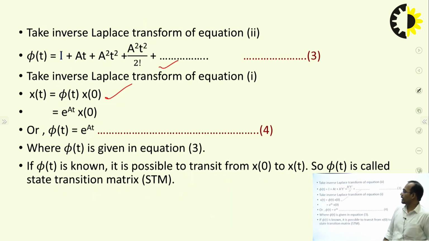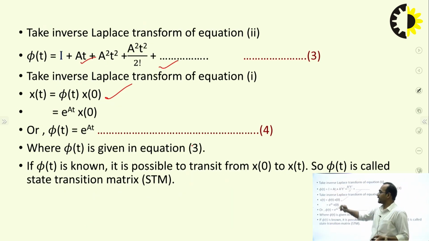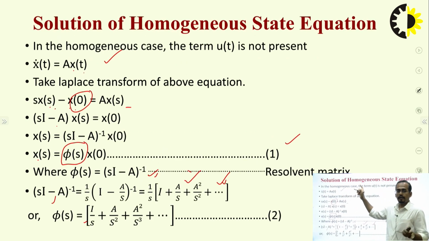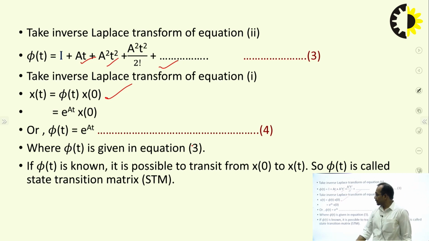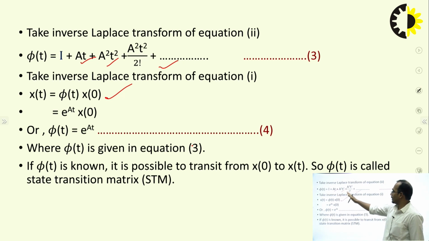A by s square will give At. Again, A square by s cube will give A square t square by 2 factorial, and so on we will get. So, this is nothing but 1 plus At plus A square t square by 2 factorial and so on. This is nothing but e raised to At. So, this is nothing but phi t.